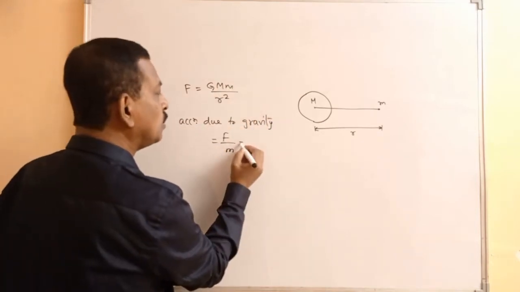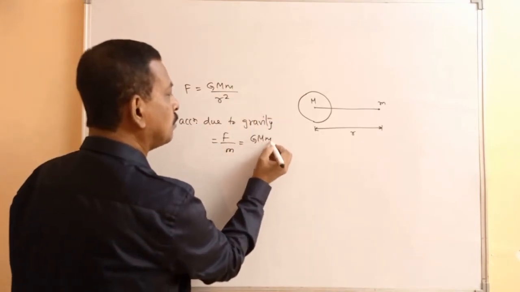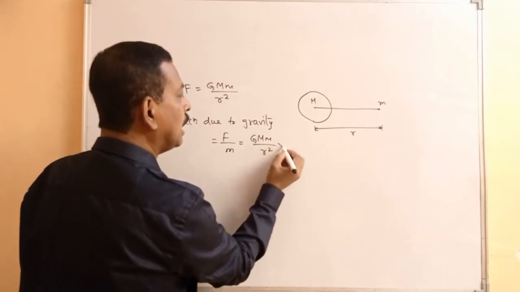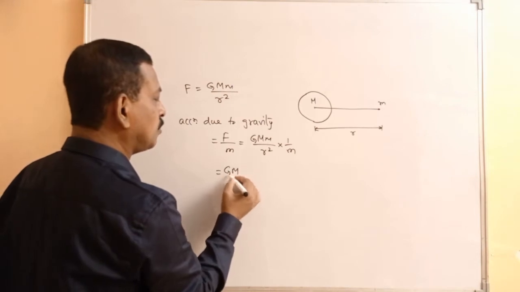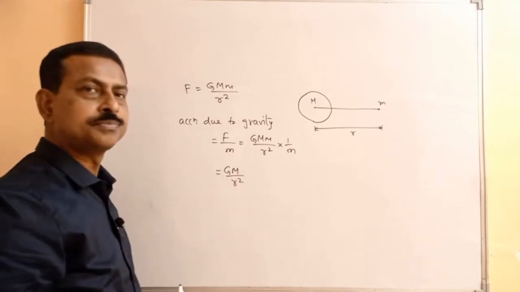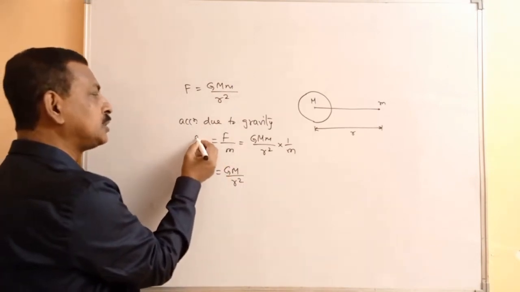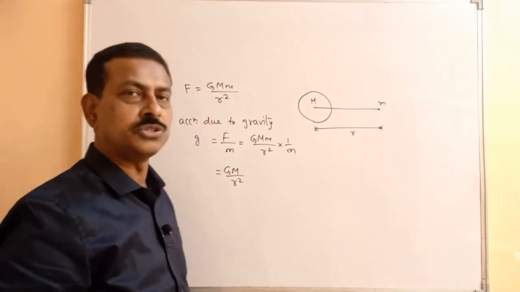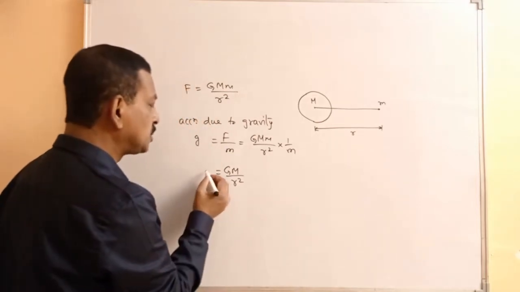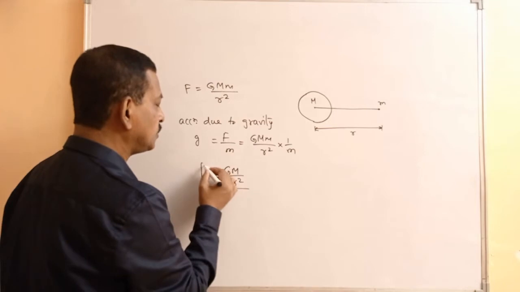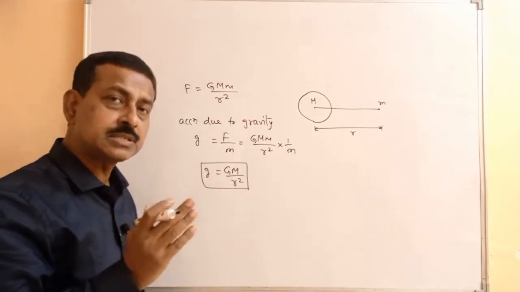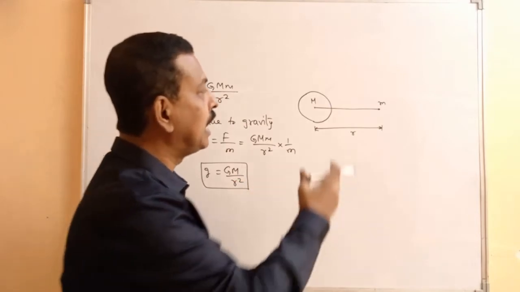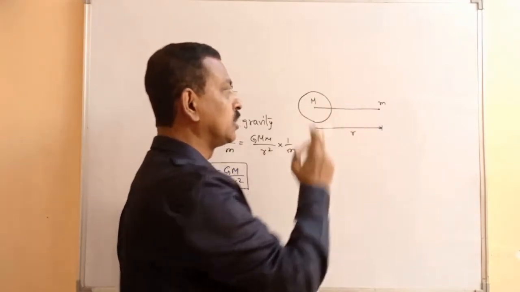So this will be GMm by r square divided by m. So this is your GM by r square. This acceleration due to gravity we represent with a small g. So the expression for g is GM by r square. This is when you take the body at a distance r from the center of the Earth.